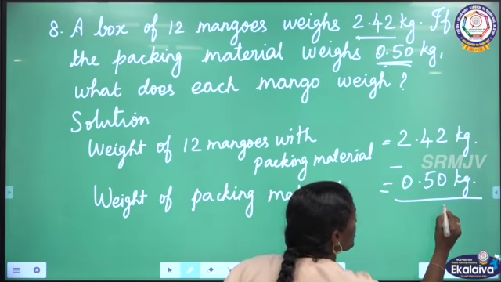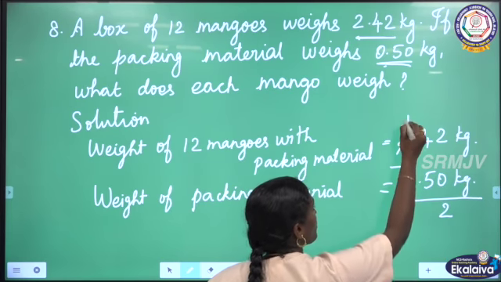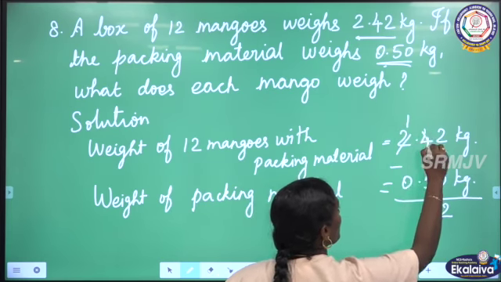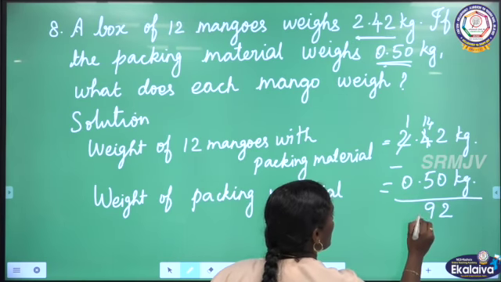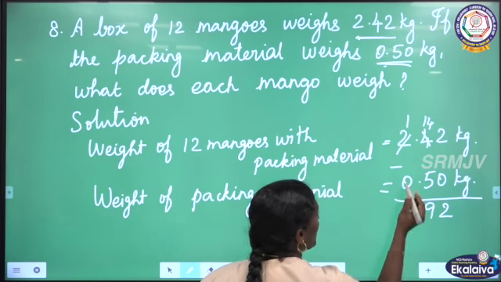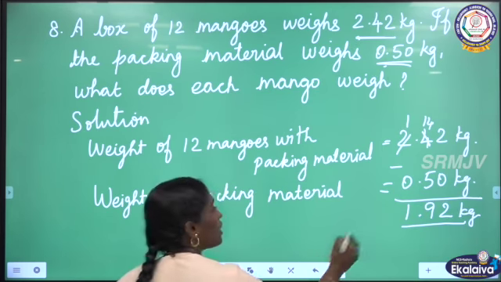So 2 minus 0, 2, 4 minus 5, we can't do the subtraction. So we have to borrow from 2. 2 will become 1, 4 will become 14. 14 minus 5, 9. Then we have to keep the decimal point, 1 minus 0, 1. So this is the weight of 12 mangoes.